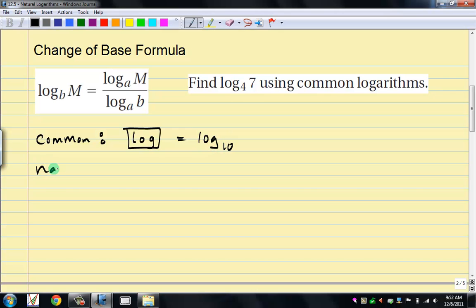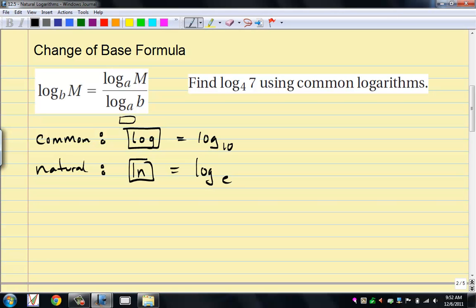And you also have the natural log button, which usually is above the log button, and that's ln. That's log base e. These are the only two logarithm buttons on your calculator, and also the only two you'll see on most computer programs. So anytime you're using technology to evaluate a logarithm, you have two choices for a base: base 10 and base e.